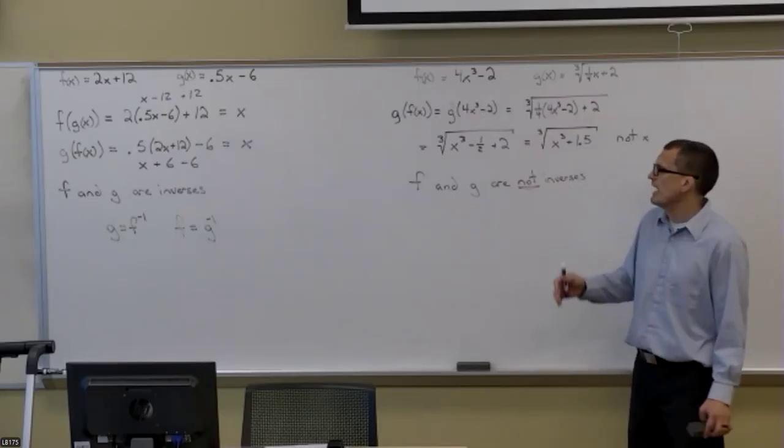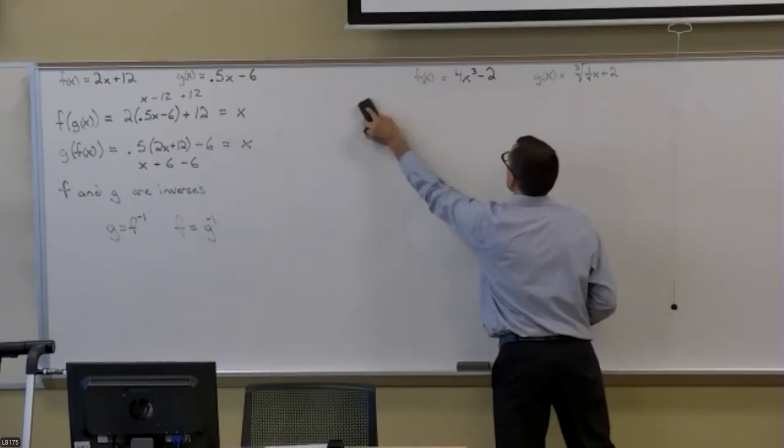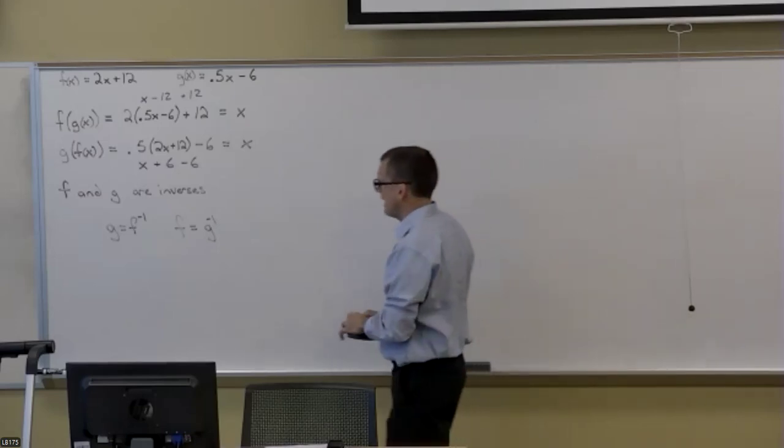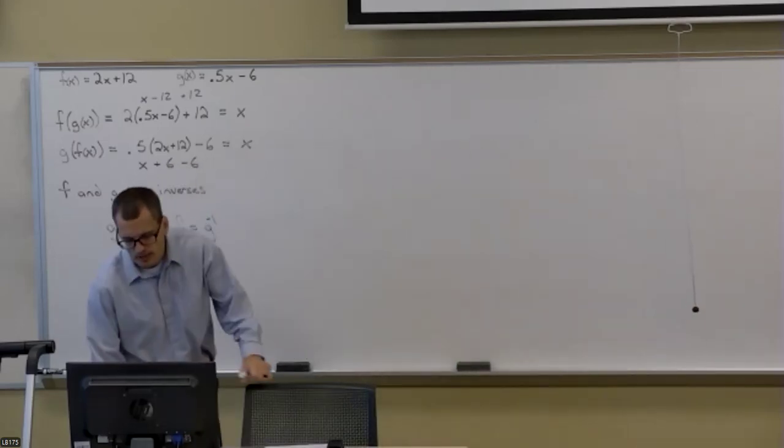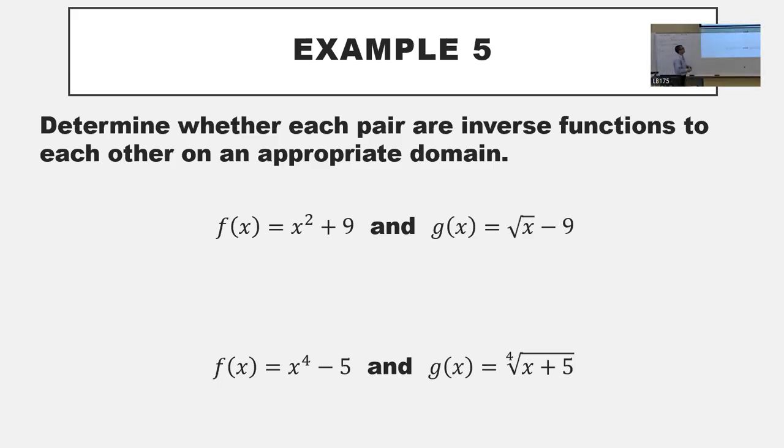Cube roots and lines do that. On the next slide, I have a couple of examples where we will have to restrict the domain, because we'll have quadratics and square roots and fourth roots and all that kind of stuff. These are not all one-to-one functions over the real numbers.